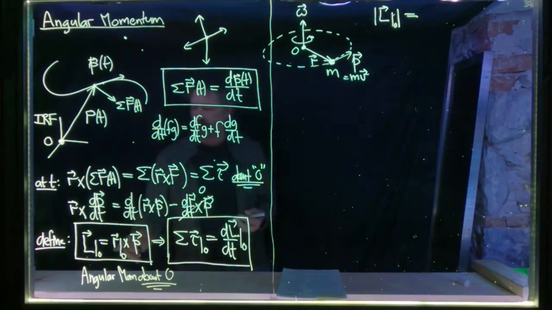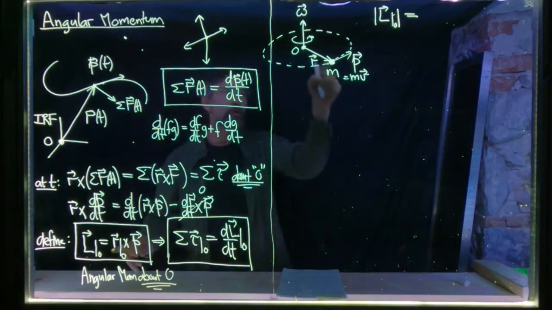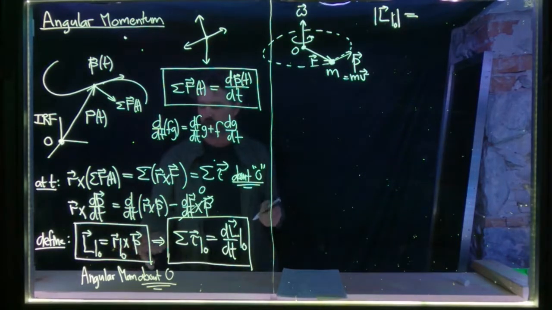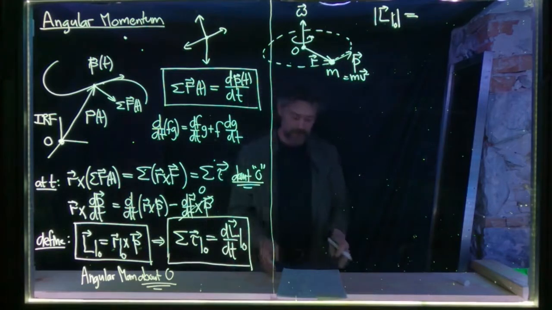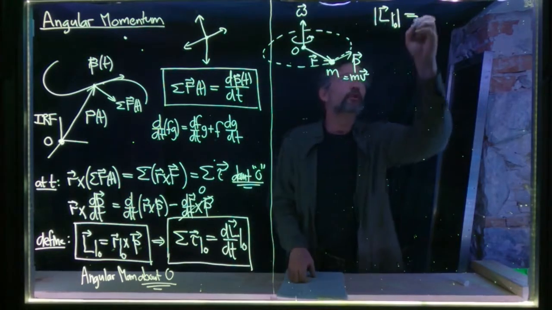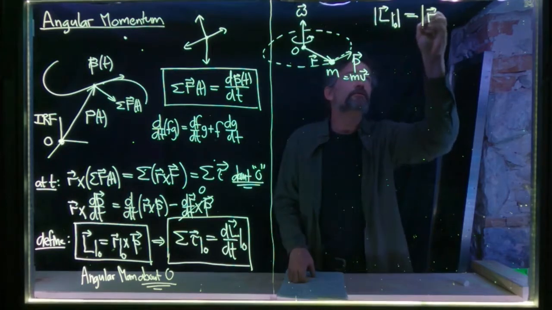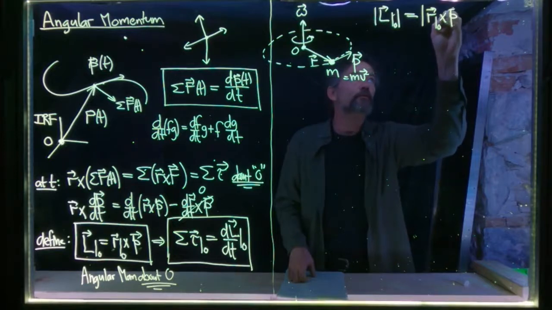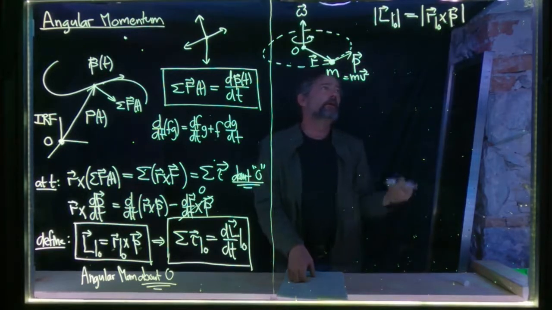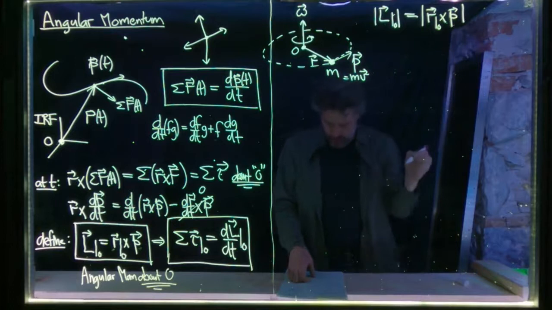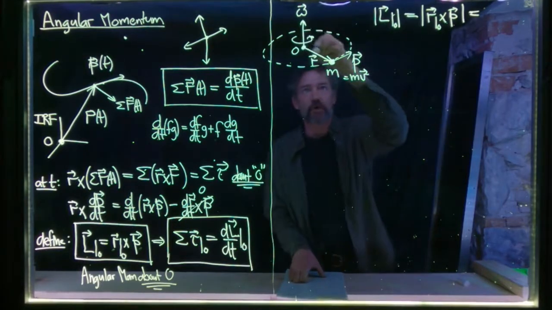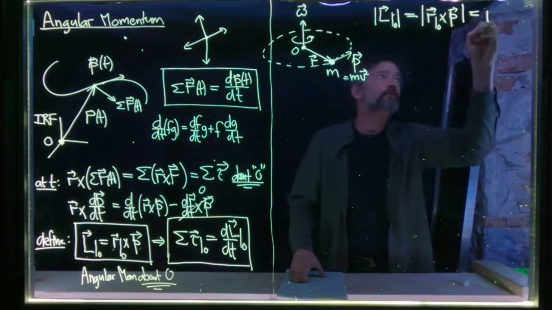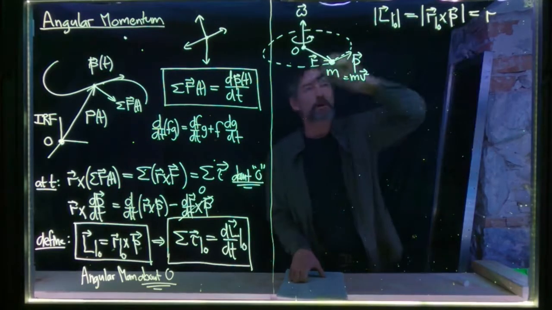It's the position vector r relative to the point O, cross the linear momentum the object has at that instant of time. And so that is equal to the magnitude of the position vector r, cross product with p. And so that is equal to the magnitude of this vector r. Well, that's the radius of the circle, r, times the magnitude of the momentum p.